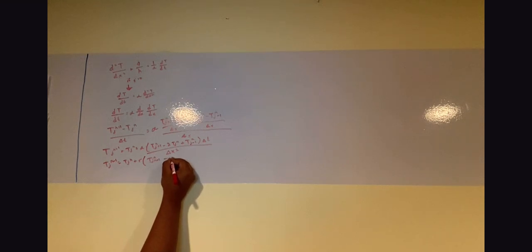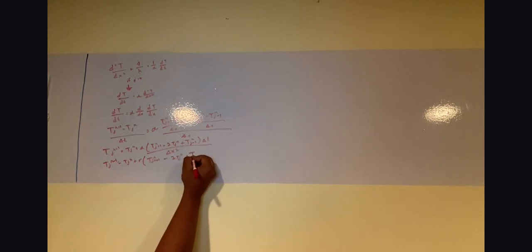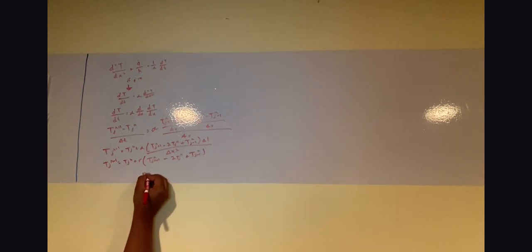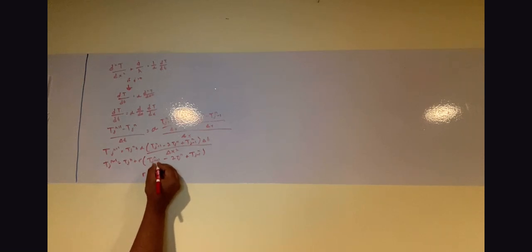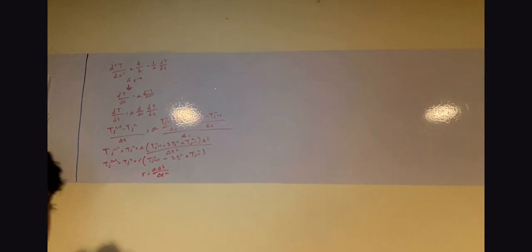And as I mentioned before, r is equal to alpha change in t all over change in x squared.